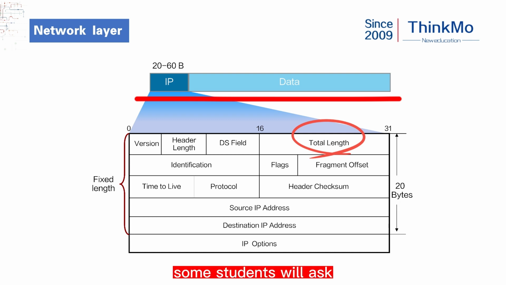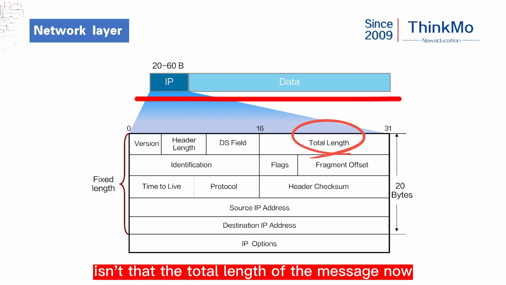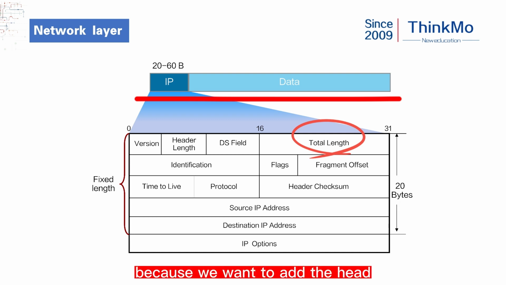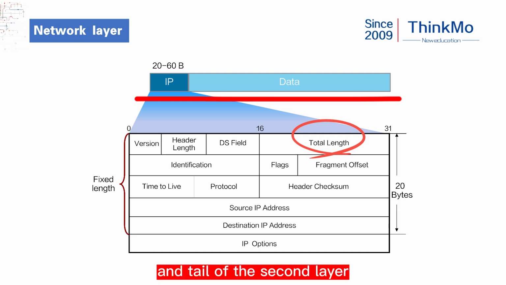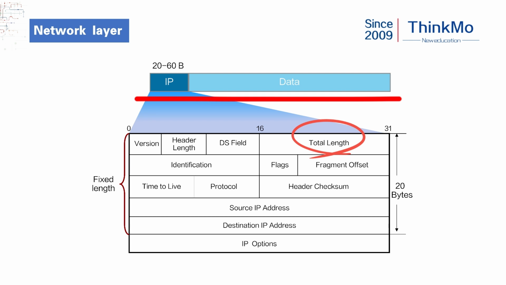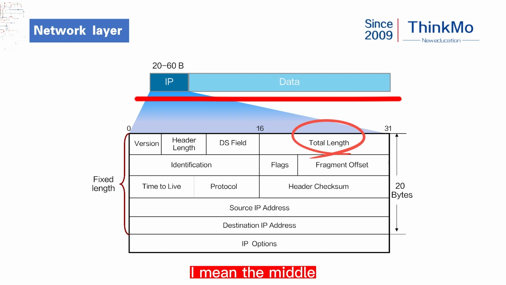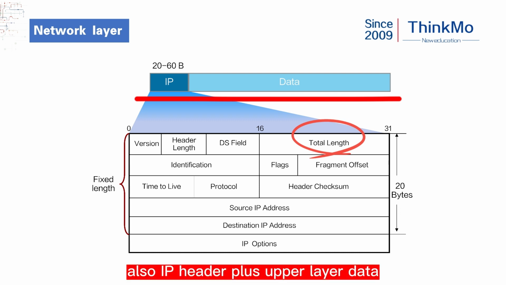Some students will ask, isn't that the total length of the message? Not really, because we want to add the head and tail of the second layer. So the total length here is the IP header plus upper layer data. This is enough to understand.